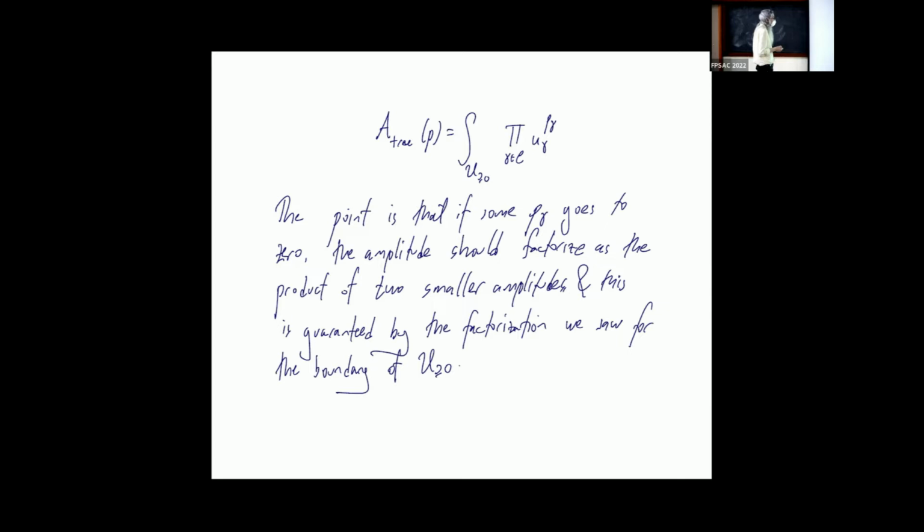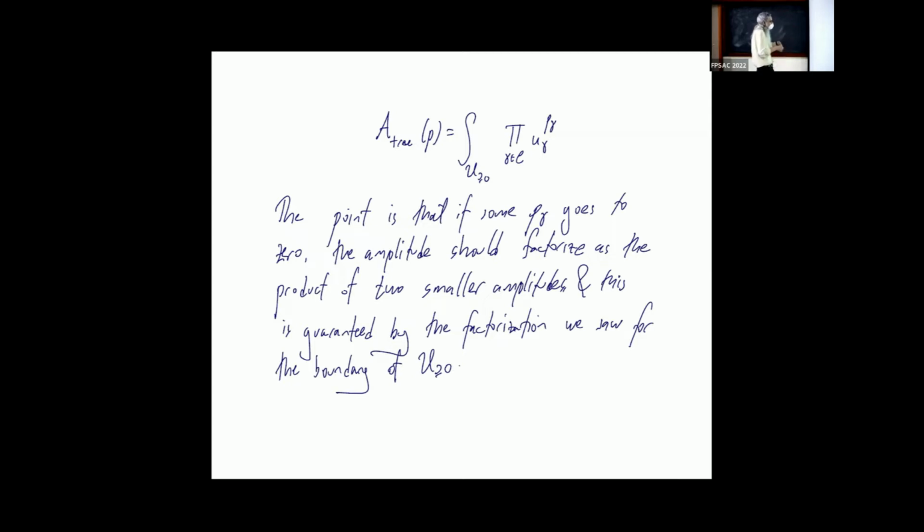So the point is that if some particular P gamma goes to 0, then the goal of the physicist was to write down a function that would have the property that the amplitude would factorize as the product of two smaller amplitudes, exactly as we described is happening for U greater than or equal to 0.